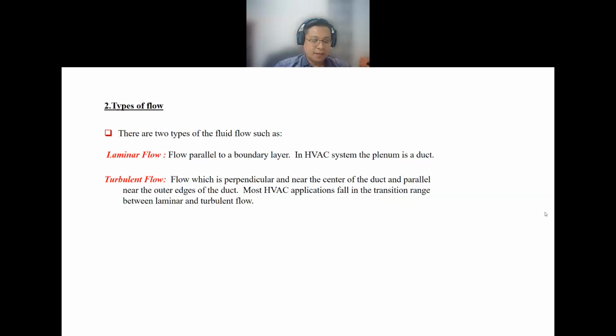So, how much Reynolds number is considered laminar flow? Still remember? 1000 hingga 2000. 1000, 2000. Yeah. 20,000. Below 20,000 is considered laminar. So between 20,000 to 40,000 is considered intermediate.